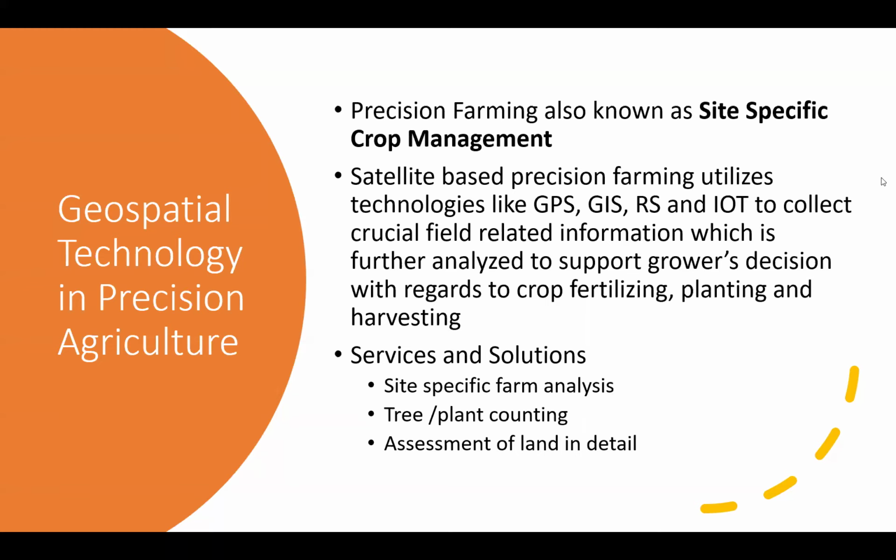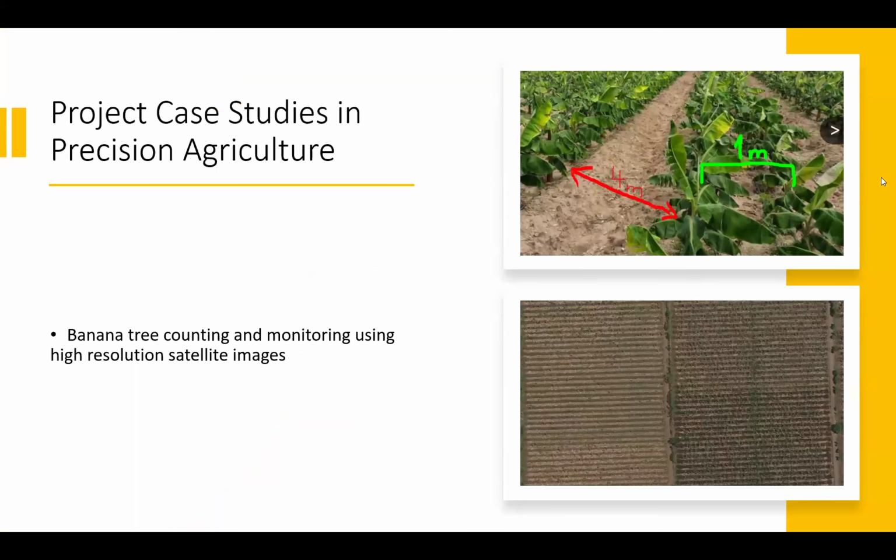Now slowly I will get into some of the case studies. So we'll start with this. As I was telling, remote sensing can be used from a plot level analysis even up to country level analysis. Precision farming, as we know, is site specific crop management. I'll touch on one of the case studies.